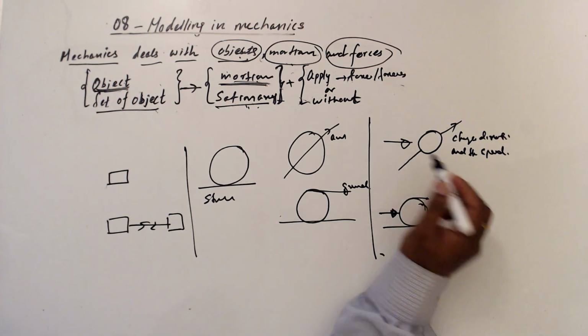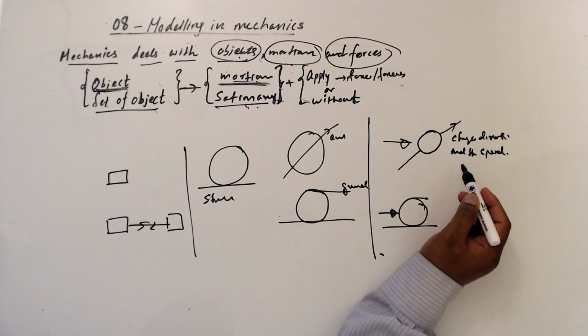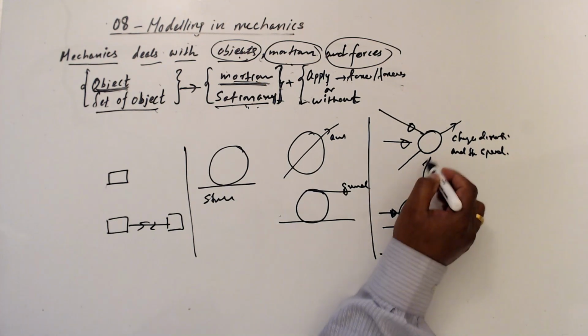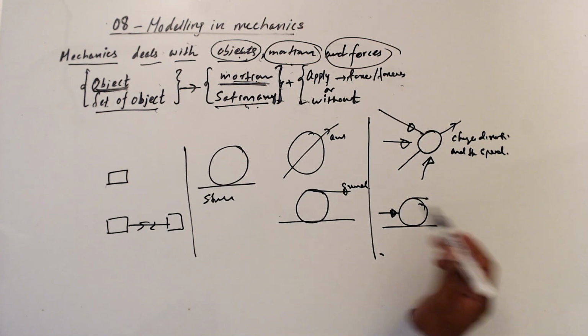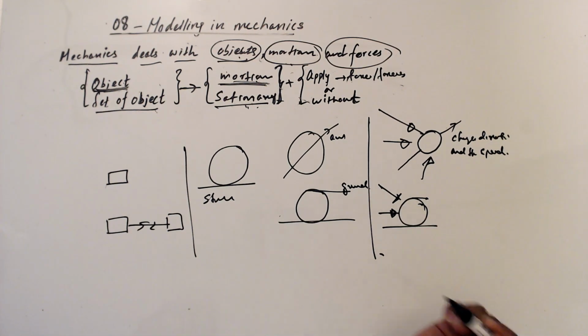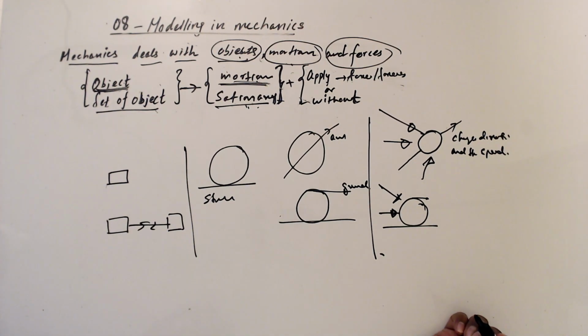Sometimes instead of one force, there may be more forces in this direction and the other direction. Maybe if two people kick the ball, it means two forces are applied on the ball.